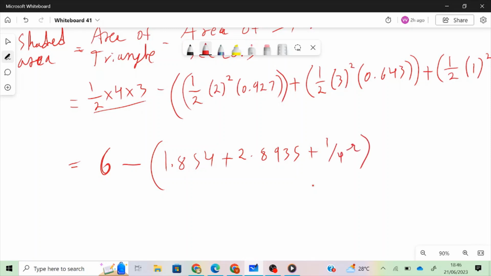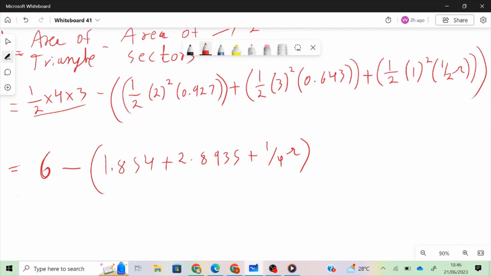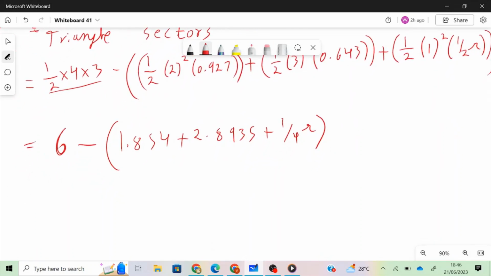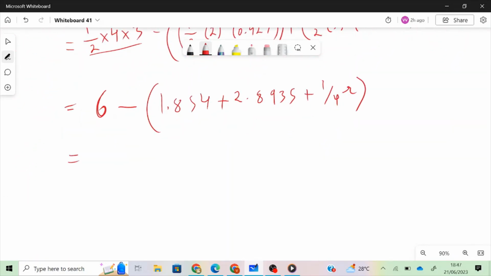Make sure you input all this correctly into a calculator. Make sure to double check it as well, because any sort of small mistake can literally alter the whole answer. Simplifying this further, you have 6 minus 5.53 and final answer is 0.47. Obviously this was all approximated.